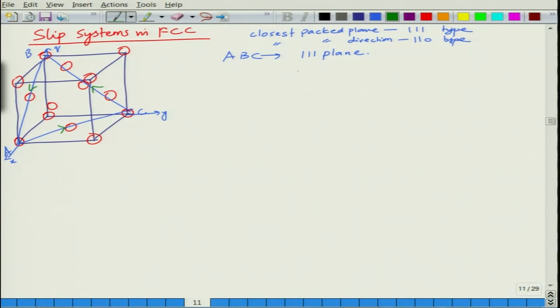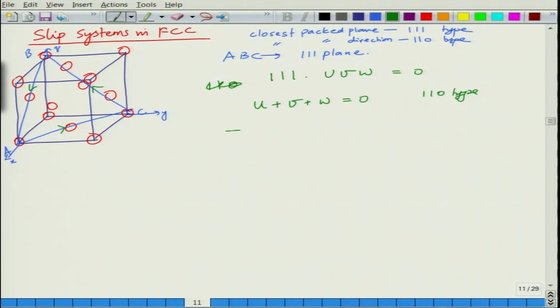What are these directions? 111 dot UVW is equal to 0, so U plus V plus W is equal to 0, and we know that these directions are only of 110 type.